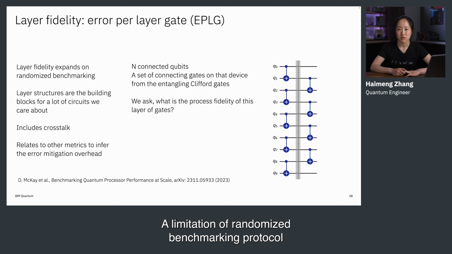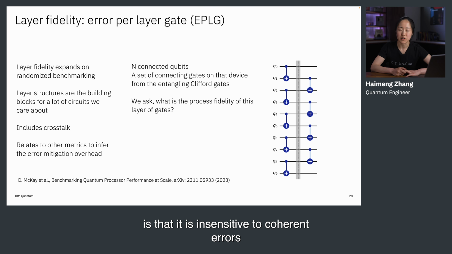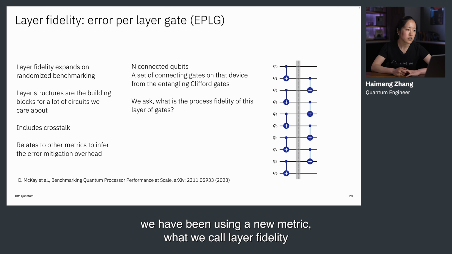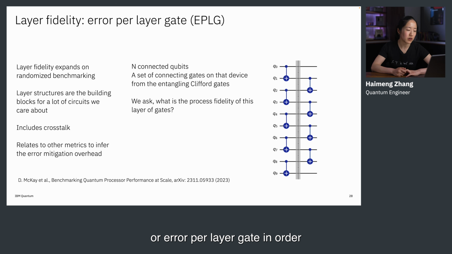A limitation of randomized benchmarking protocol is that it is insensitive to coherent errors due to randomization. Motivated by that, we have been using a new metric, what we call layer fidelity, or error per layer gate, in order to capture the effect of crosstalk errors.